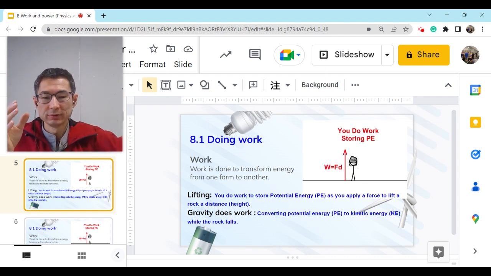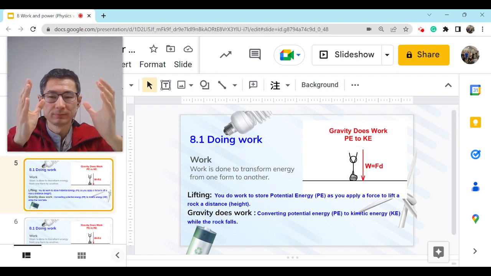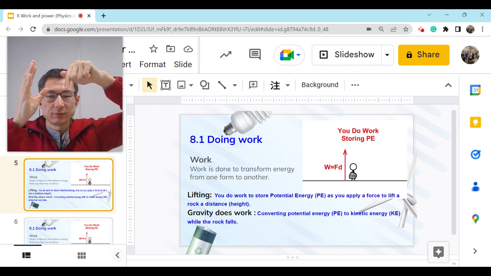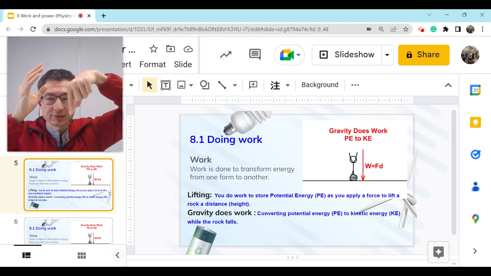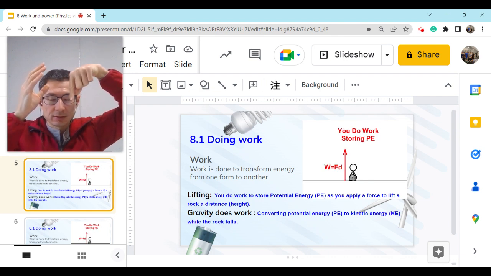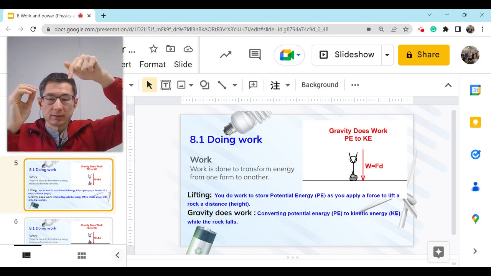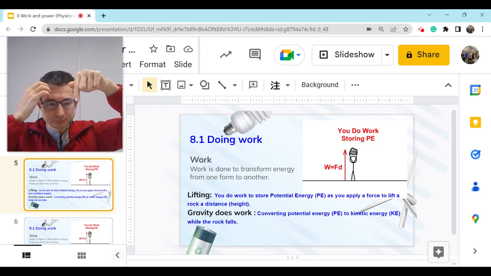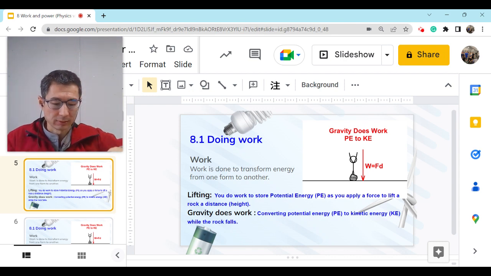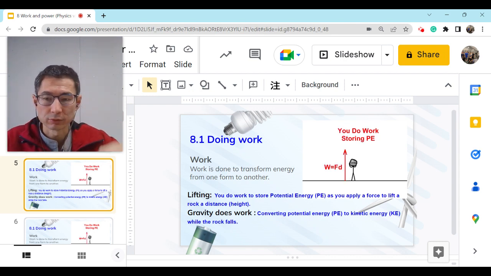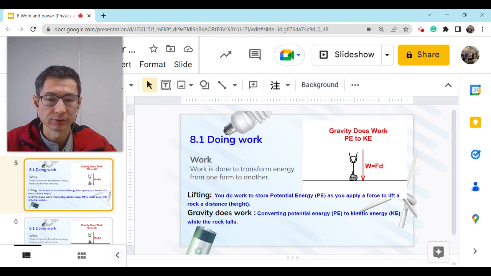When the rock goes down, gravity does the work because the gravitational force is downwards, and when I let the rock go, the gravitational force pulls the rock down to the earth and does the work.